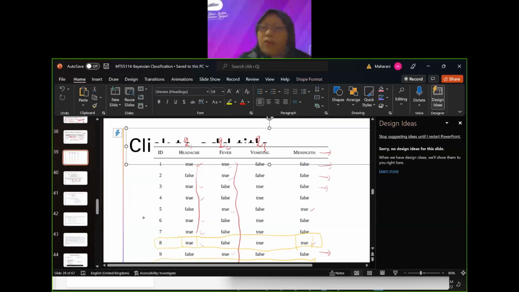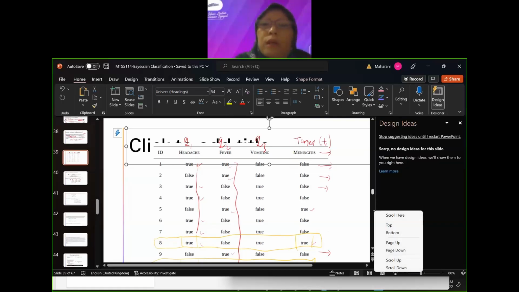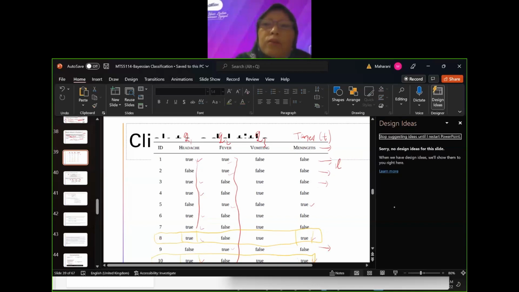Imagine if we had 10 features, you would have to compute for each feature. And this is the target, T, and this is the value, equal to L. Now we have to compute what is P of M.